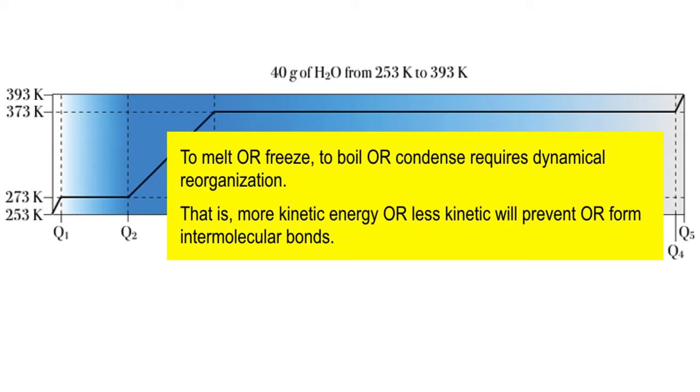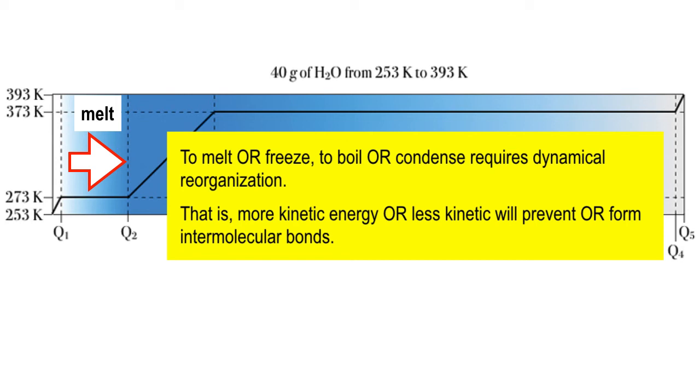Now, I want to focus on this horizontal line segment here. If you're going from left to right, this represents the melting process. On this horizontal line, you're adding energy from Q1 to Q2, all right? So with a flame or with friction or sunlight or something like that. But you're staying at 273.